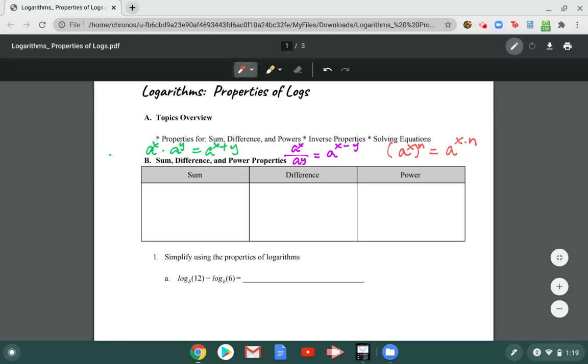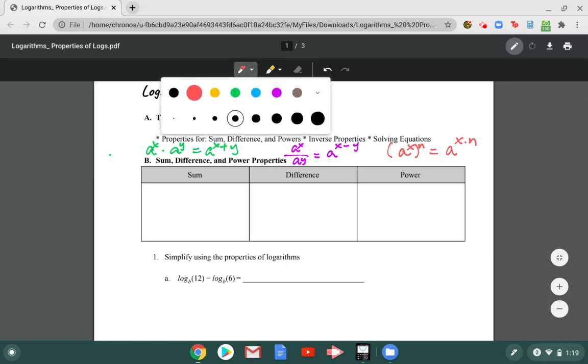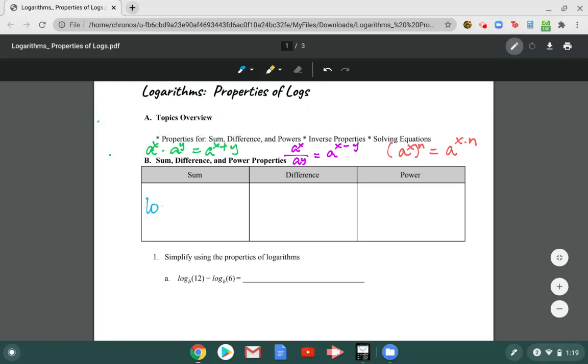So let's go ahead and grab my blue pen again and start with the sum property. If I have some log base b, and I've got a product on the inside, so I'm going to use m times n, I can rewrite this as the sum of logarithms. Remember, a logarithm is equal to a power or an exponent. So when I say the sum of logarithms, I really am talking about the sum of the powers.